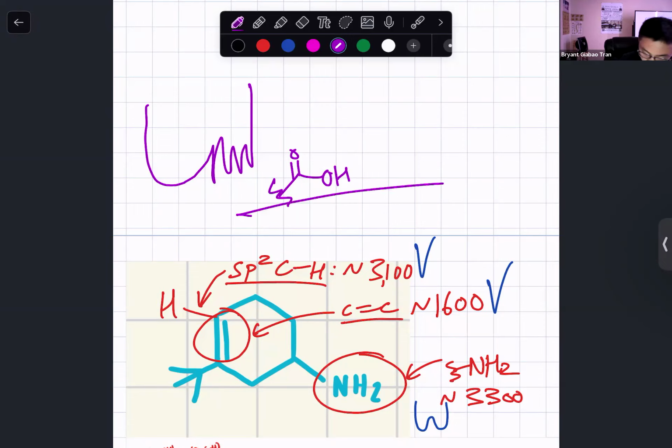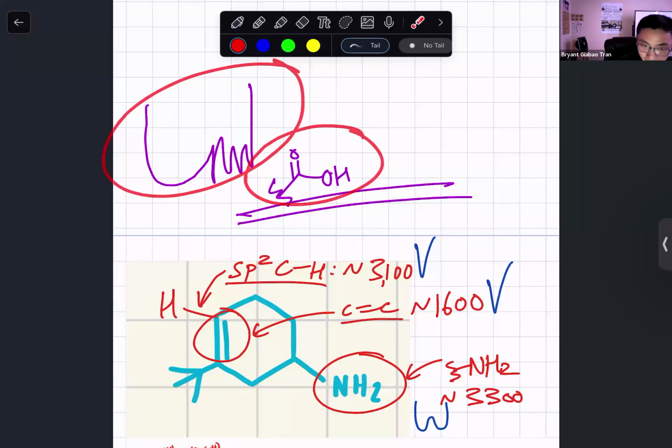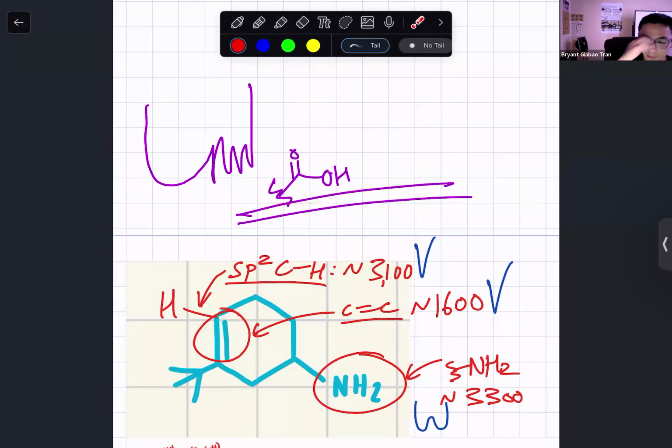You learn about the reactions of carboxylic acids in 118C, but you will see the structure of carboxylic acids in the IR for 118A. Okay, that's good.